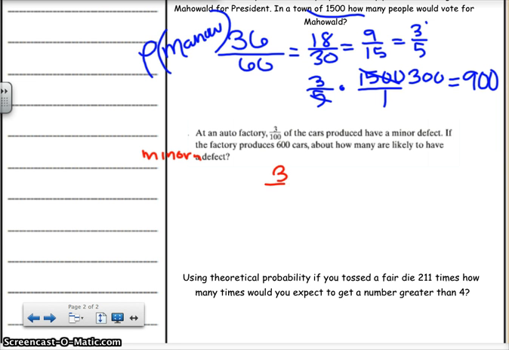So probability that it's a defect times the total number: 18 cars I can predict are going to have a minor defect out of 600.